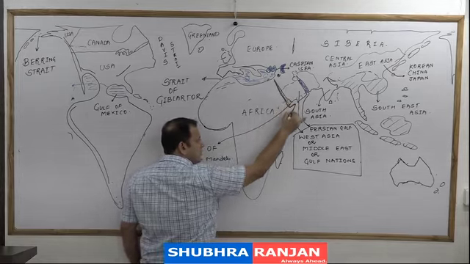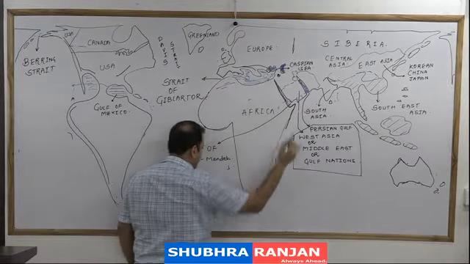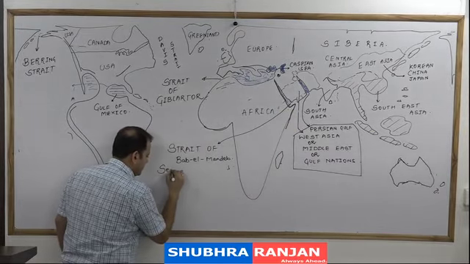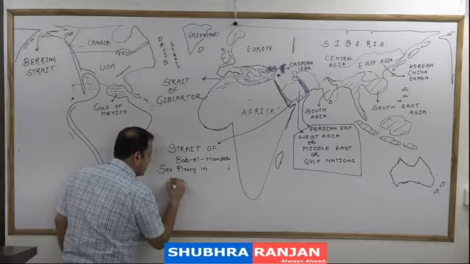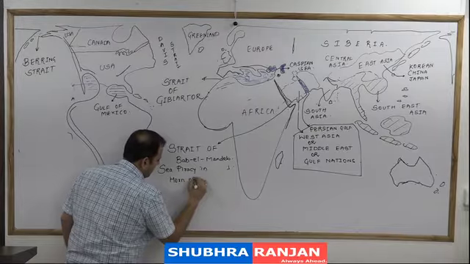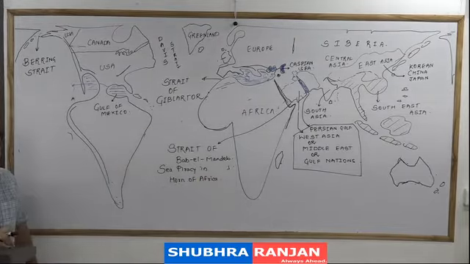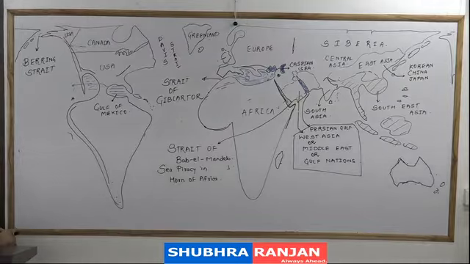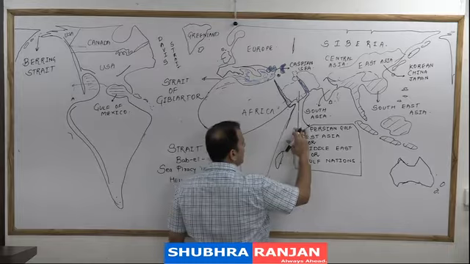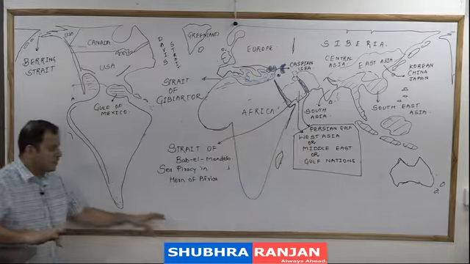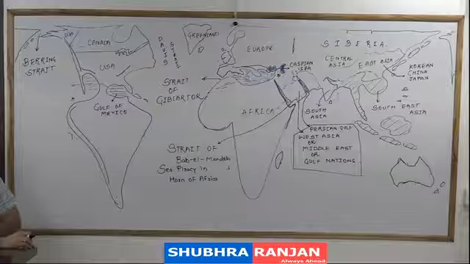It is this way in shape, and therefore this part of Africa is known as Horn of Africa. Sea piracy in the Horn of Africa. So can I say the Strait of Bab al Mandab separates Africa from Asia?